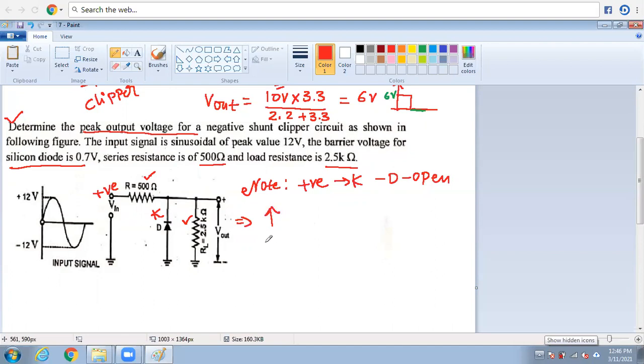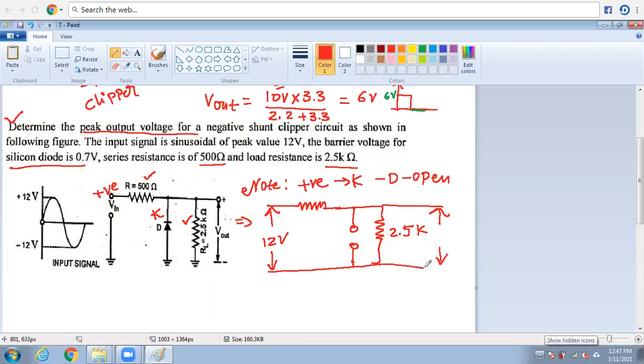It's very simple. The input is 12 volts. This is the open circuit. We have to write as it is the 2.5 kilo ohms load. You have to calculate the output voltage, V out. Just erase the open diode.